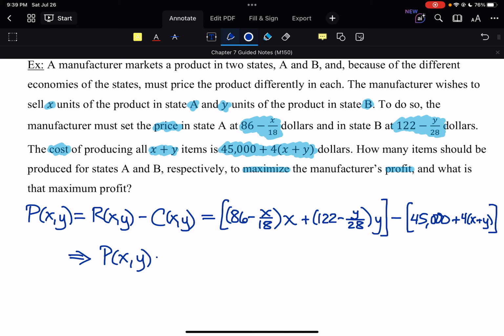If we combine like terms and simplify as much as possible, I'll tell you what we get out of this. We get 82x plus 118y minus x squared over 18 minus y squared over 28 minus 45,000.